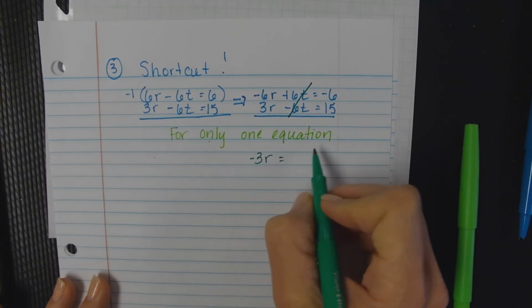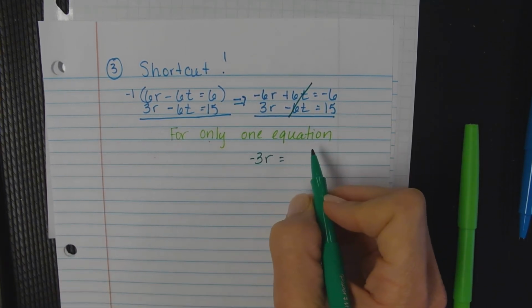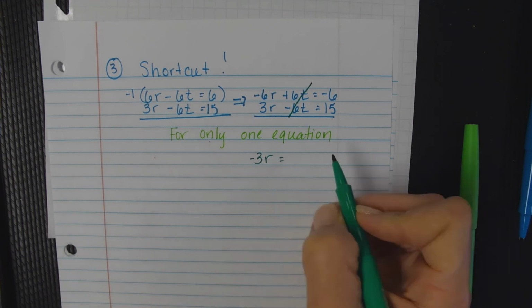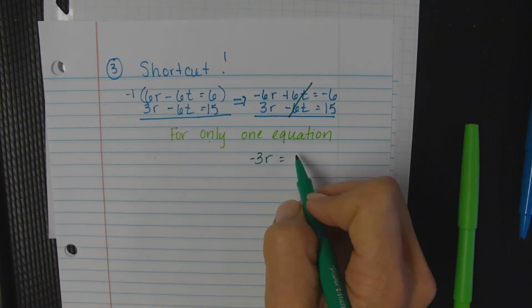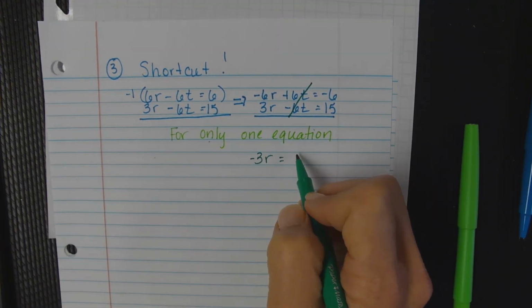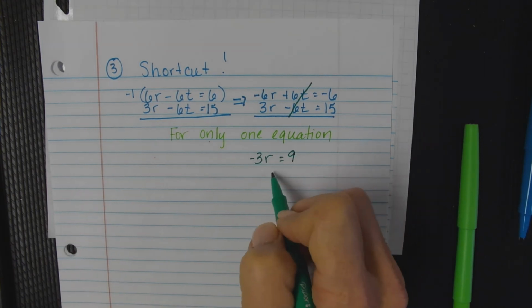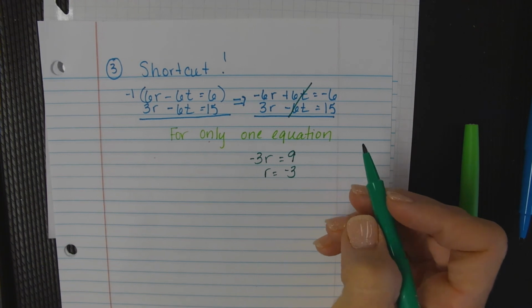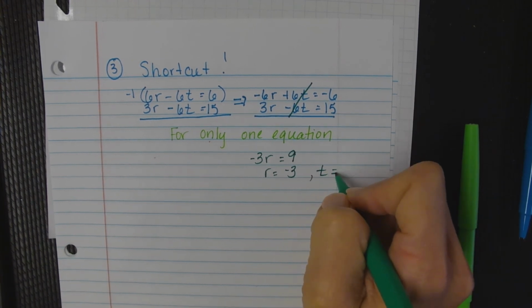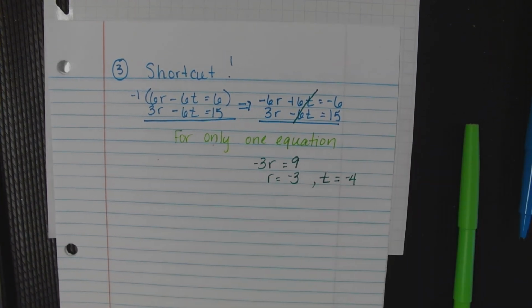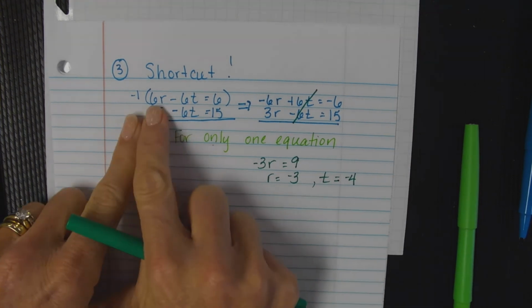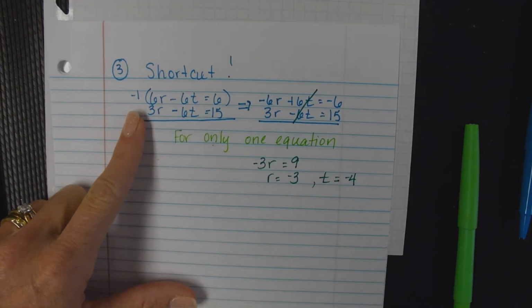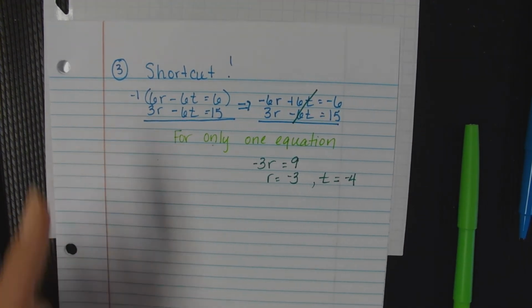I'm adding -6 plus 15. Sit down, Tyler. I already wrote it. Okay, what's -6 plus 15? 9. R is -3. And T will end up being -4. The only difference here is you shortcut for 1. Remember, you change all the signs.